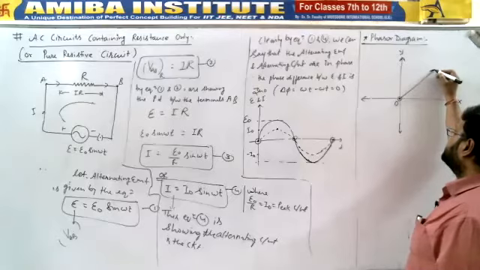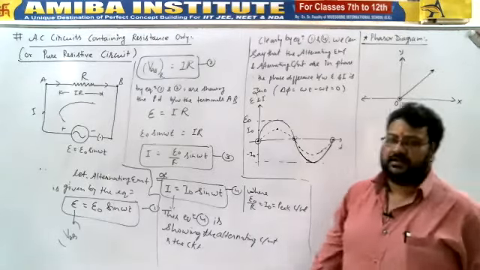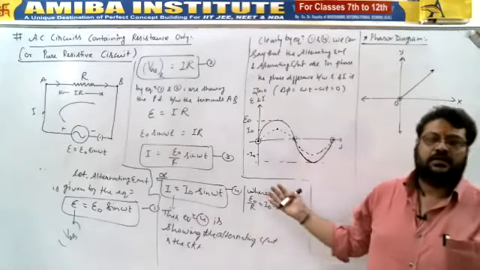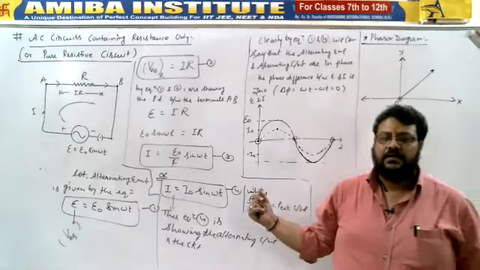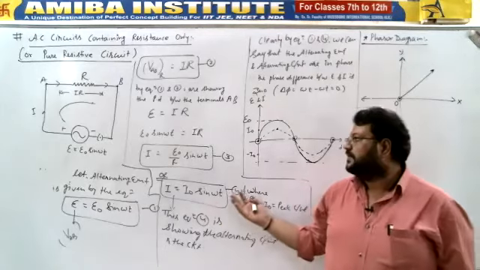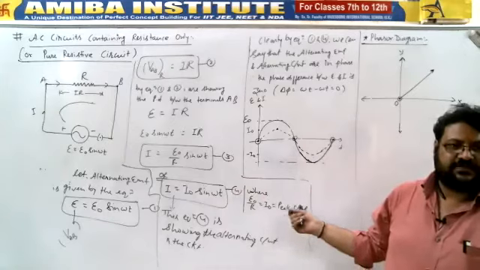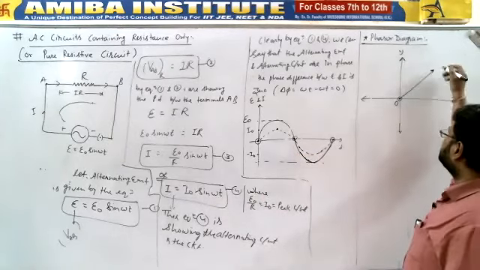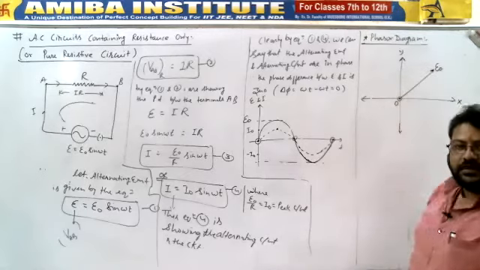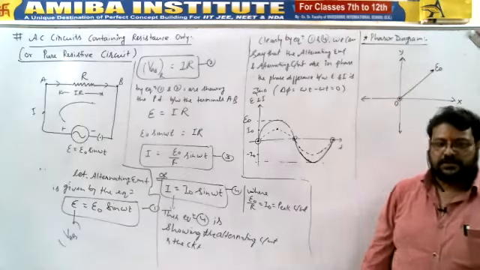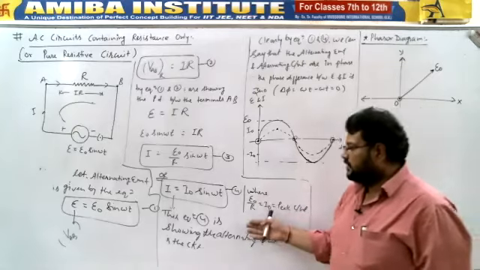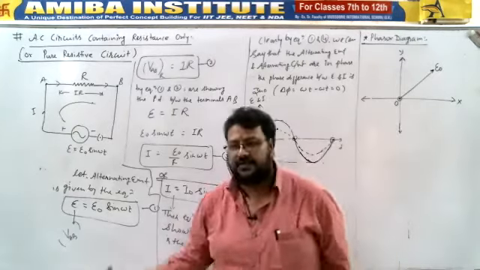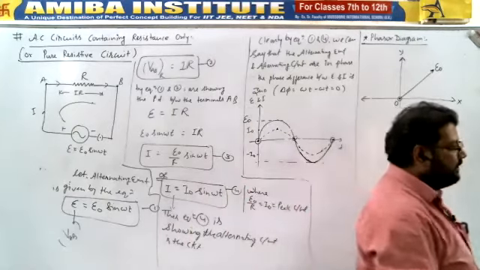Then this rotating vector will represent the phasor vector taken for alternating EMF and alternating current. So what is alternating EMF? E. So the phasor vector will be the phasor E vector. And the length or magnitude of this will represent what? E naught, the peak value.